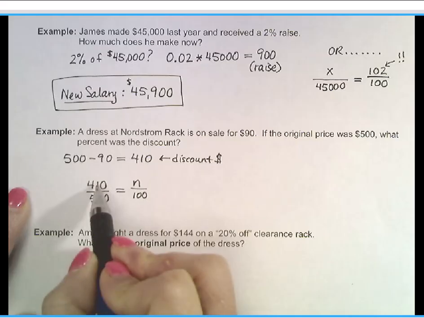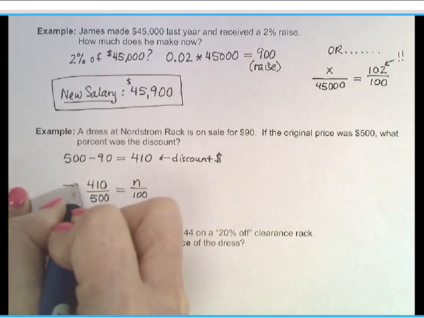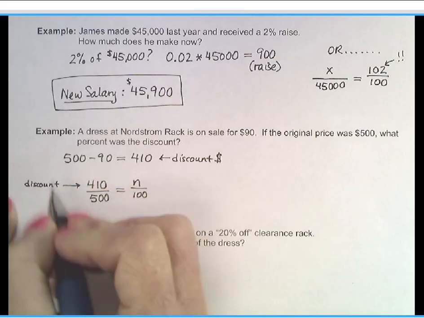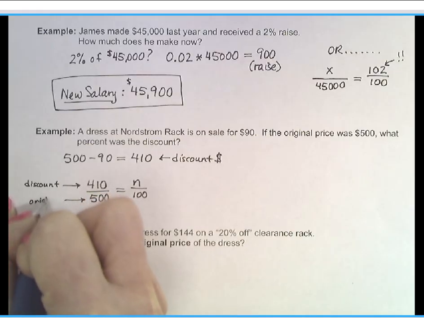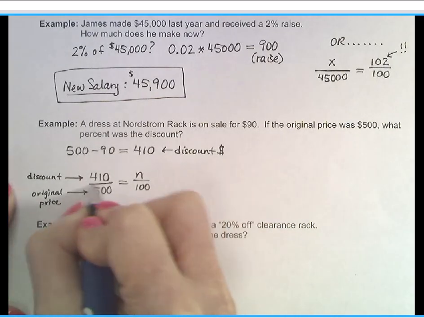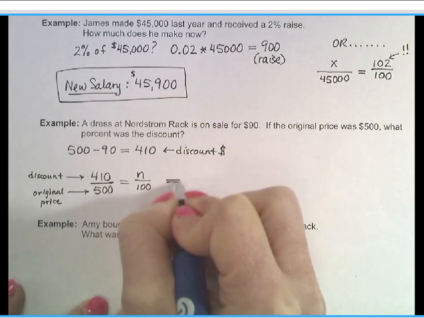The reduction out of 500, I wonder what percent that is. So you put the discount here, and then you put the original price on the bottom. That's how you can set that up. Discount on the top, the discount out of the original price, what percentage is that? That's what we're trying to figure out.